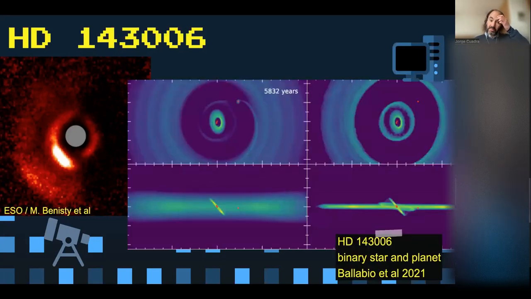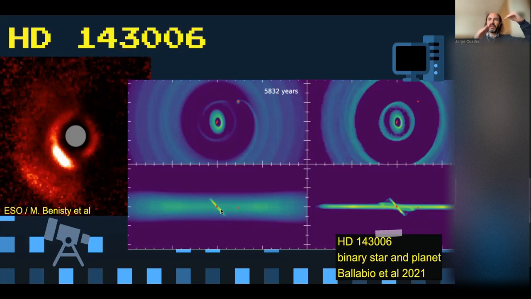This can be explained in a configuration in which there's a binary star which is inclined with respect to the outer disk. Here you can see on the bottom panels the edge-on view. You can see more easily how the binary is inclined with respect to the outer disk. And there's an inner disk that aligns with the binary.